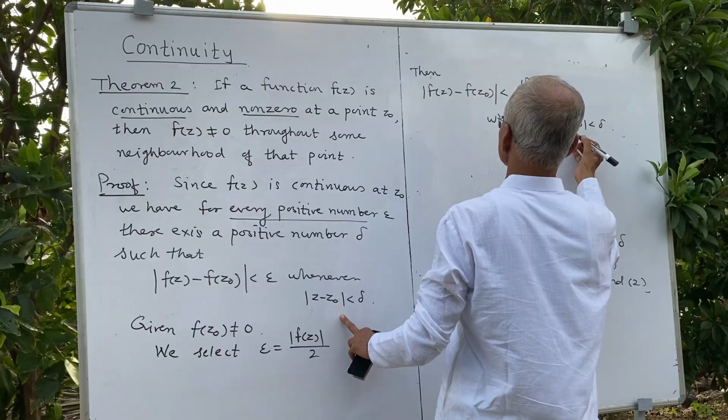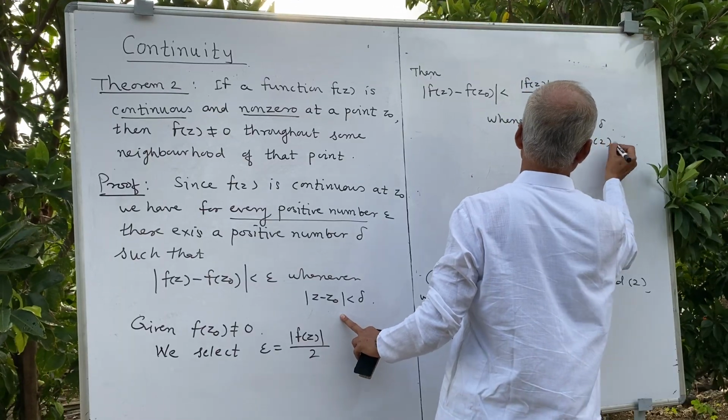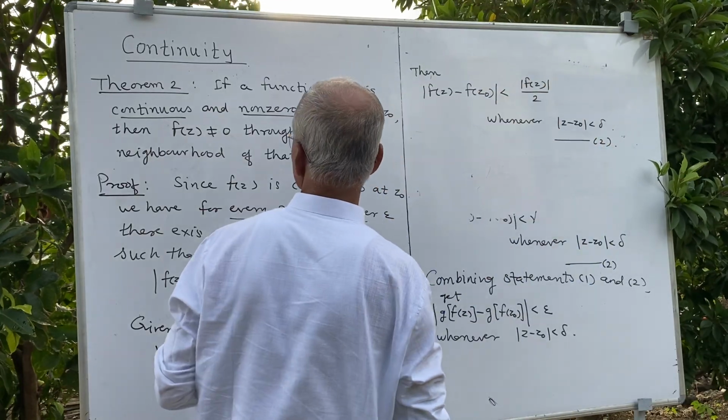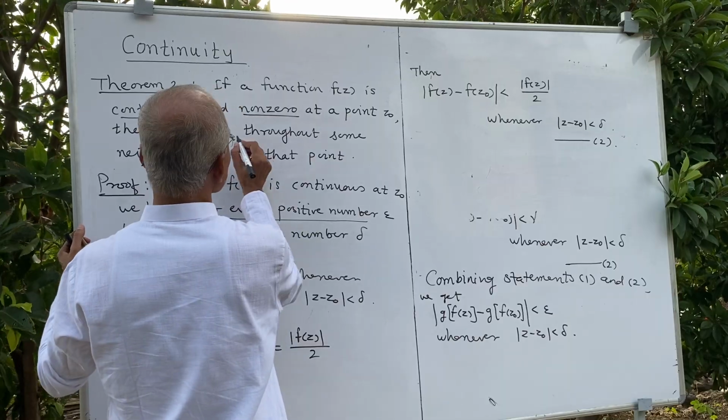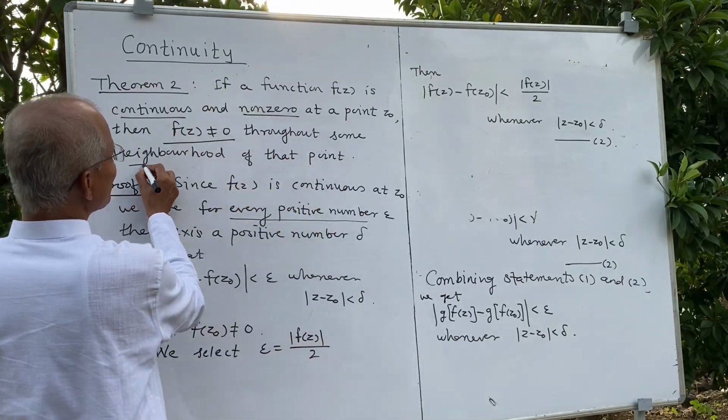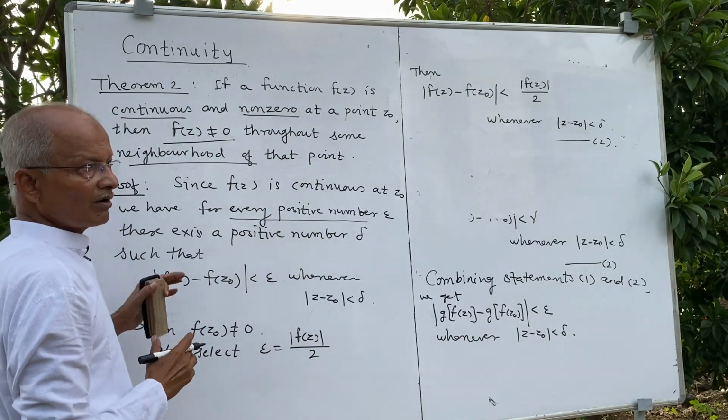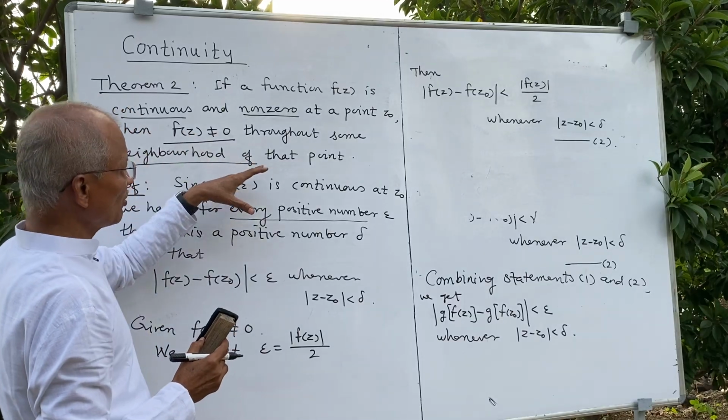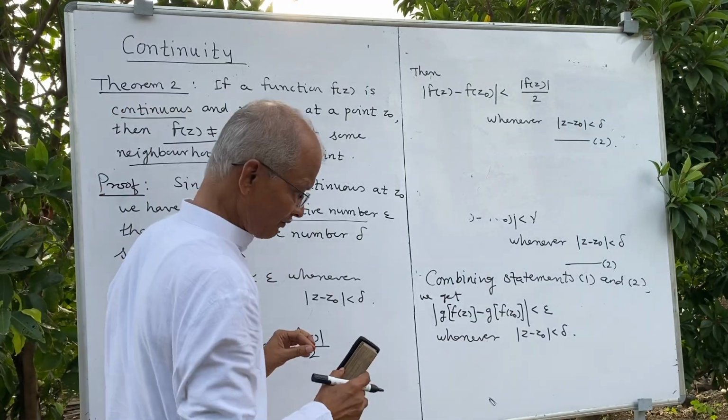Now, we shall call this the second statement, and what we want to prove is f of z is not equal to 0 throughout some neighborhood of that point, and we will suppose f of z is 0 for some neighborhood. Then what will happen?